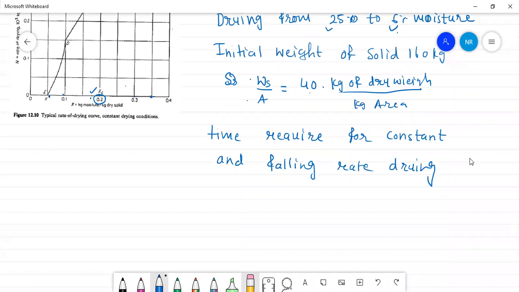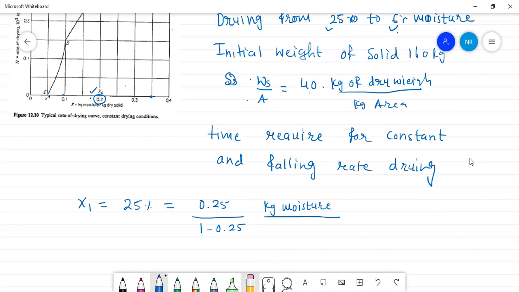Now if I convert 25%, X1 will be 0.25 divided by 1 minus 0.25. It means we convert this moisture content into kg of moisture per kg of dry solid.